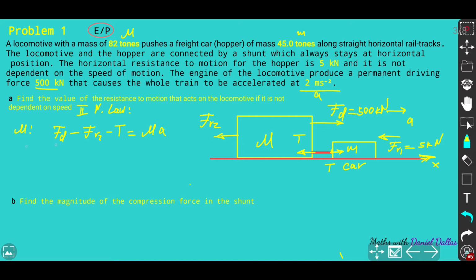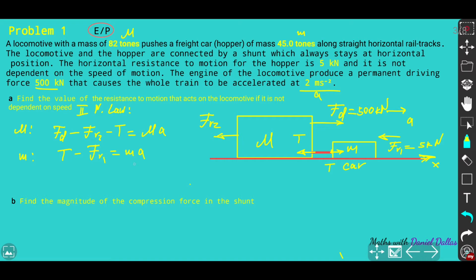For the small mass, for the hopper itself, we have two forces, the tension force that pushes and the resistant force Fr1 against the motion, and that is going to be equal to small m times a. As you can see, the right side is the resultant force, which is expressed through acceleration times mass for each object, and the left side is represented by each component of the resultant force, broken down by the forces that we drew up here.